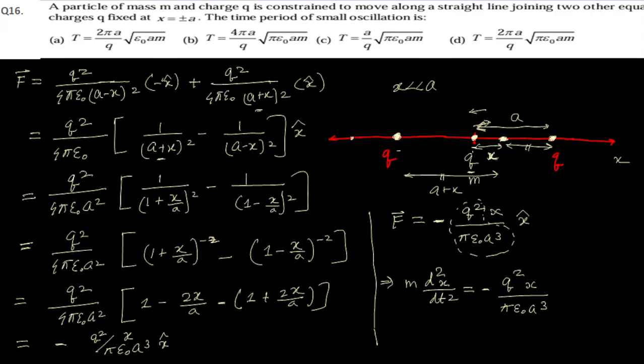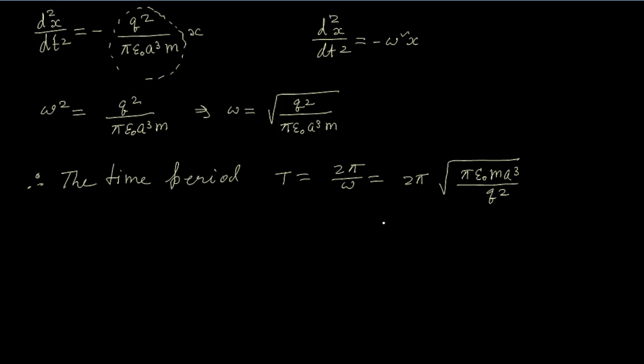Okay, we can simplify this term a little bit. You can see that a cube we can write as a into a square, so we can take a outside of the square root, and from the denominator, if we take q square outside the square root, it gives q.